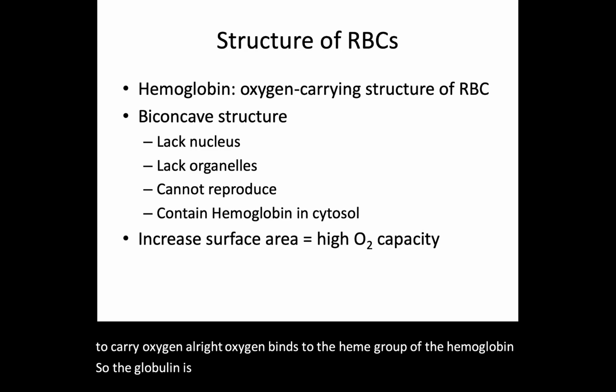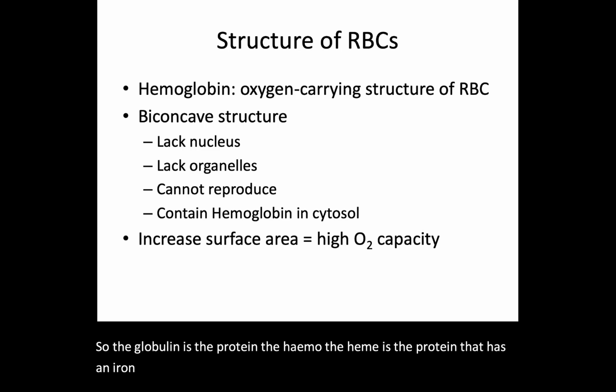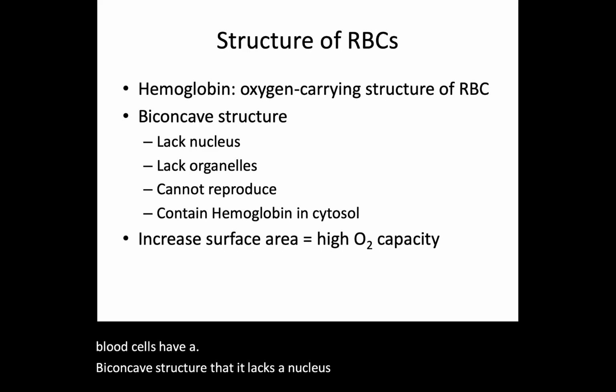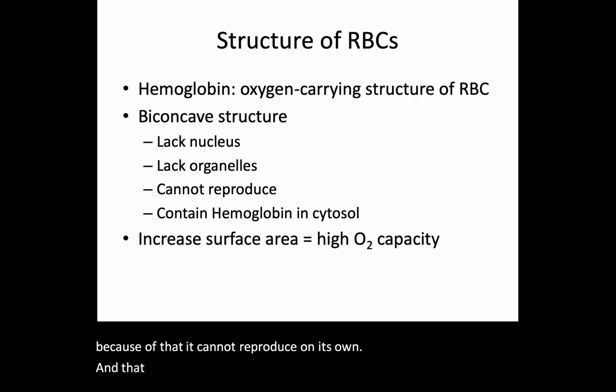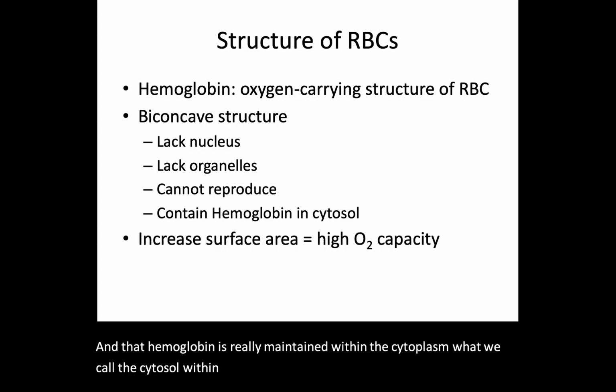The heme is the group that has an iron molecule, and that is where the oxygen binds. We know that red blood cells have a biconcave structure, lack a nucleus, and lack most organelles, and because of that, they cannot reproduce on their own. And that hemoglobin is maintained within the cytoplasm, what we call the cytosol, within the red blood cell.